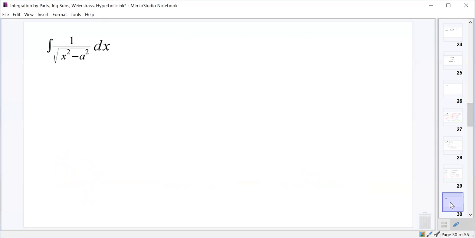Let's take a look at this one. 1 over the square root of x squared minus a squared dx. How are we going to go about integrating this one? Do you see a simple u substitution this time? Answer should be no there, right? And there's no simple u sub, so we're going to have to use one of these inverse trig substitutions.